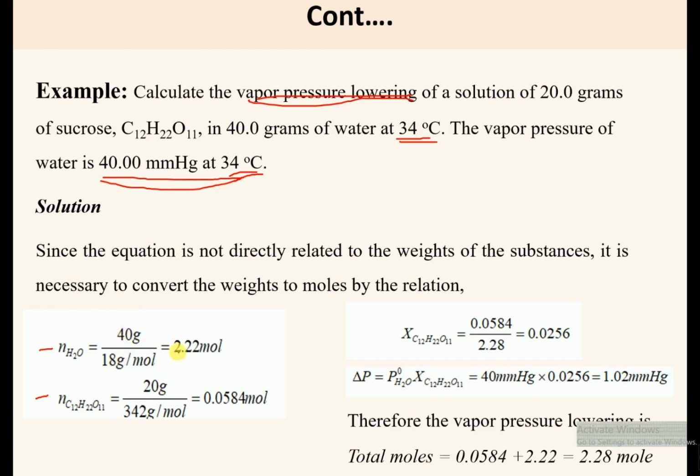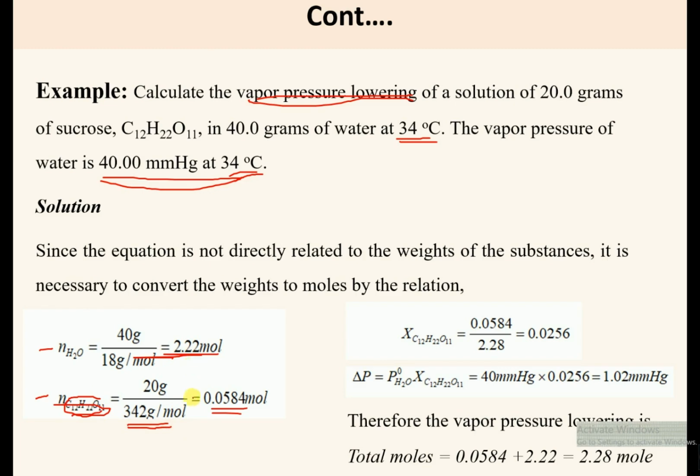So 40 divided by 18 gives this many moles of solvent, and for the solute, 20 gram of sucrose is given. Dividing 20 by 342, I get this amount. 342 is the molar mass: carbon 12, hydrogen 22, oxygen 11 with the subscripts multiplied, we get this molecular mass.